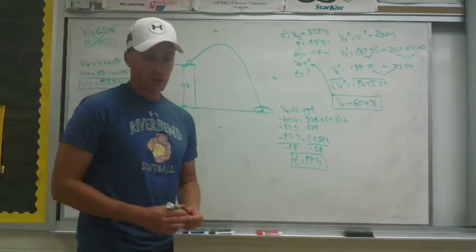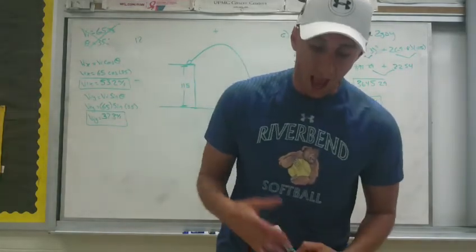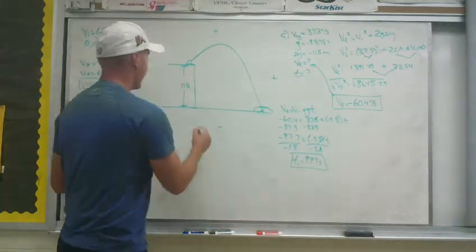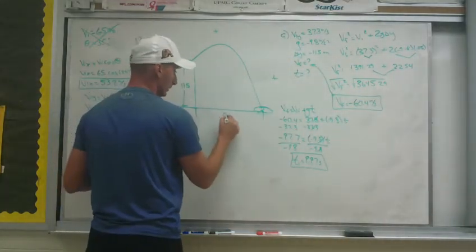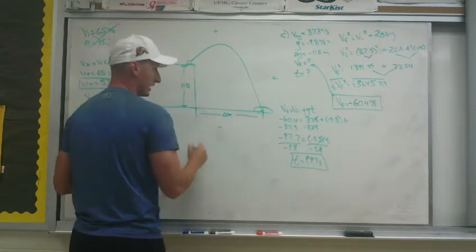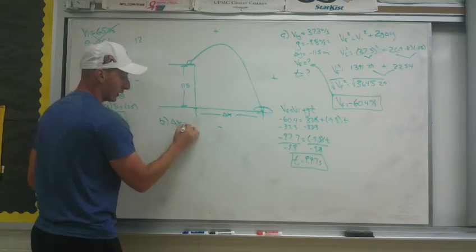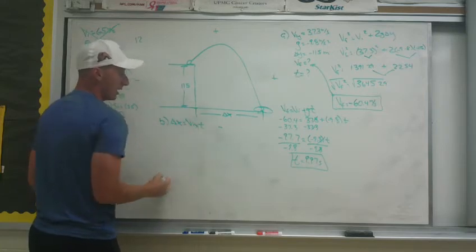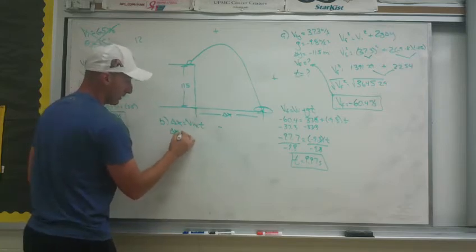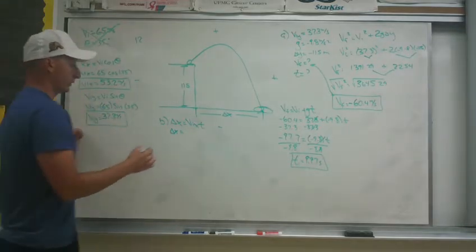All right? B says, how far away? So how far is delta x? Right? So that should be relatively easy. Delta x, the only equation you have is VIXT. I plug in delta x. VIX is what I found, 53.2.